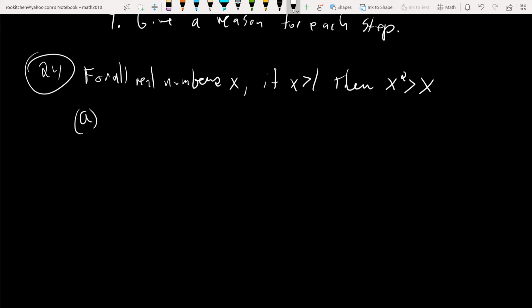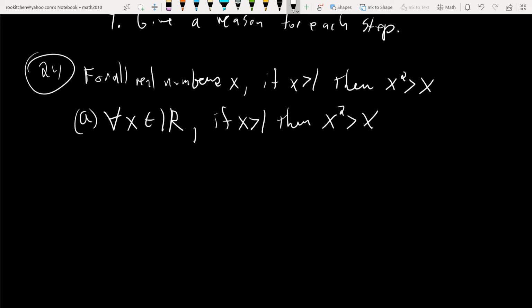It doesn't have to be all symbols, but for all x in the real numbers, if x is greater than 1, then x squared is greater than x. Not too much to rewrite here, but just in case I give you something that looks really informal, you want to make it exact.